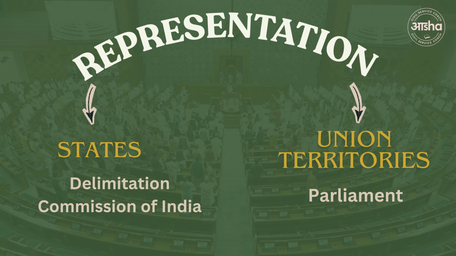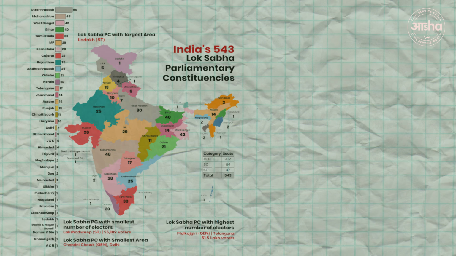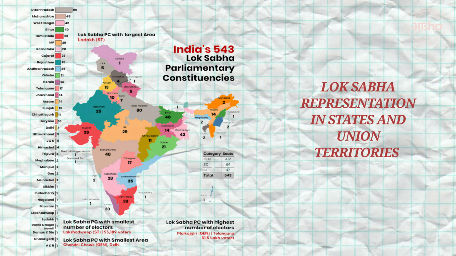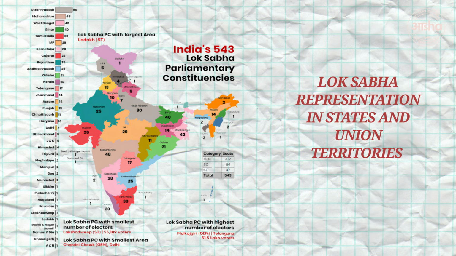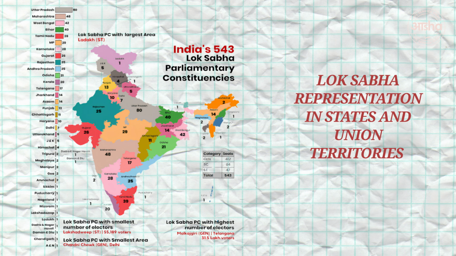The Constitution does not explain or define the election of MPs from UTs. The Constitution empowers the Parliament to prescribe the manner of representation of UTs. Currently, Delhi has 7, Jammu Kashmir has 5, Dadra and Nagar Haveli has 2, and the rest all have 1, making it a total of 19 seats.